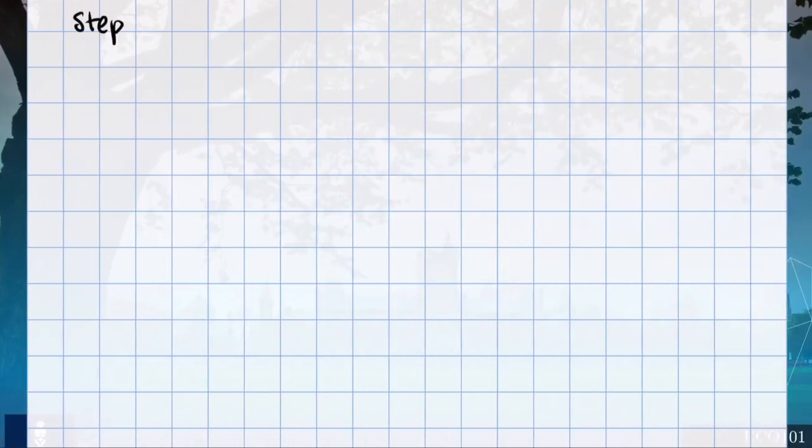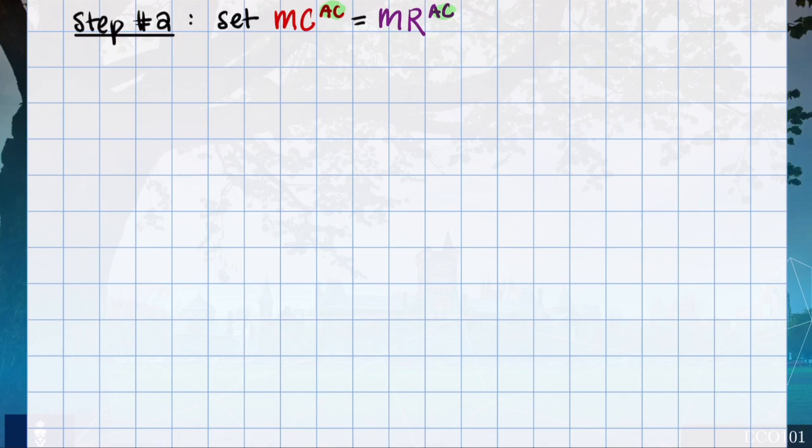So this is exactly what we'll do. On step number 2, we will set marginal cost of Aero Canada equal to its marginal revenue, because this is the usual profit maximization condition. But in this case, it would also give us a best response function or a reaction function for Aero Canada.